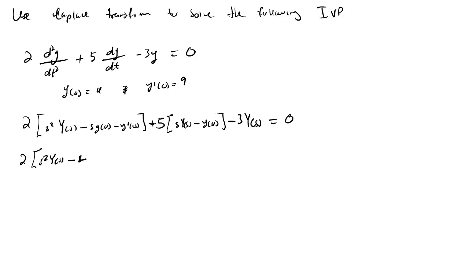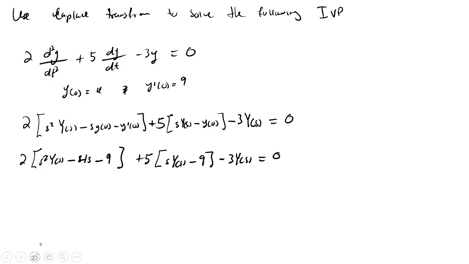It's going to be 4s, minus 9, because y prime of 0 is 9. Then you close, plus 5 into s y of s minus 9, minus 3 y of s, which is equal to 0. You see what I did? I took the Laplace first, and second, I substituted our conditions.